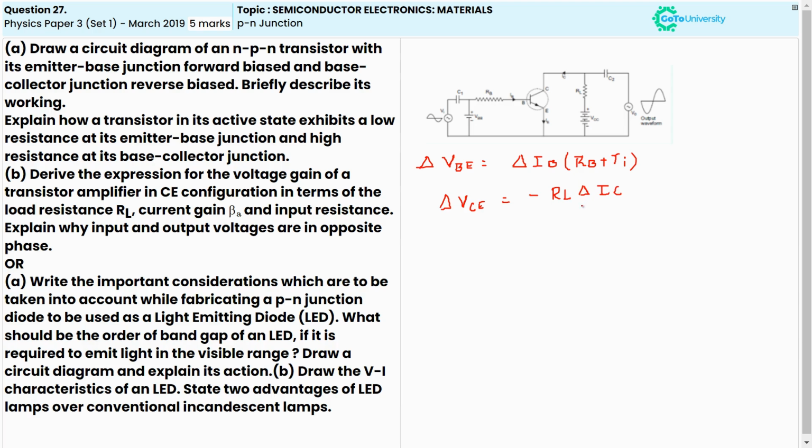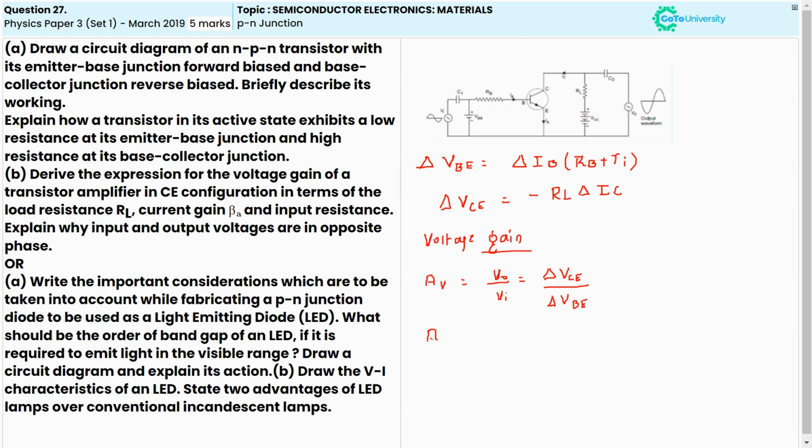Then the voltage gain AV is equal to V0 by Vi, which is equal to delta VCE divided by delta VBE.